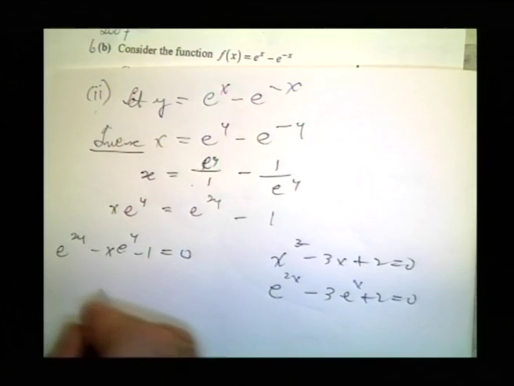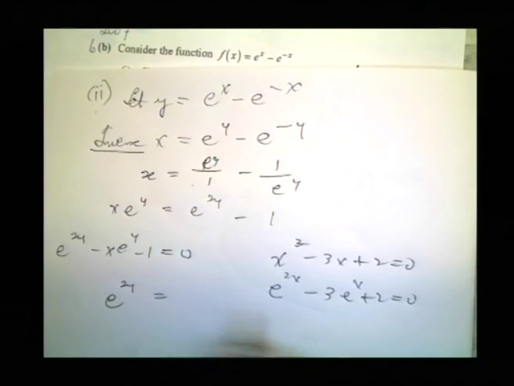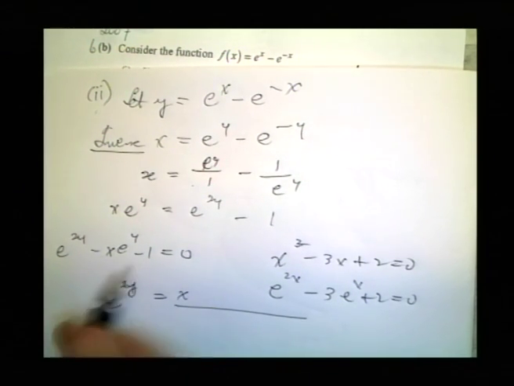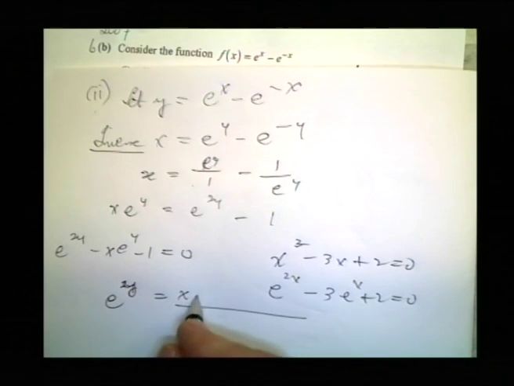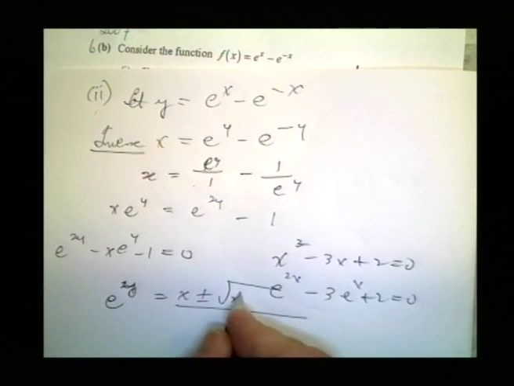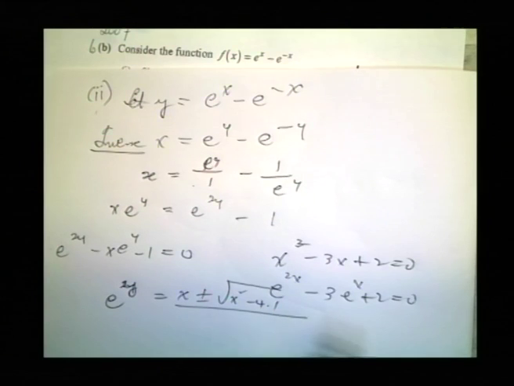And the only way I can solve that is not through direct factorisation, but we'll be using what they call the quadratic formula. And the quadratic formula is e to the y is equal to minus b, which in fact is b is minus x, plus or minus the square root of b squared, which is x squared, minus 4, a in this case is 1, by c is minus 1.